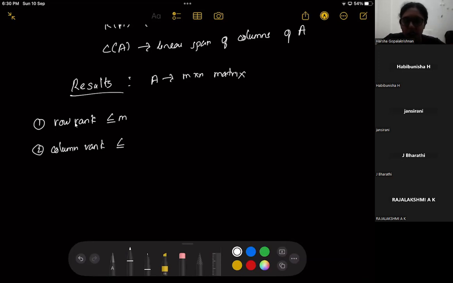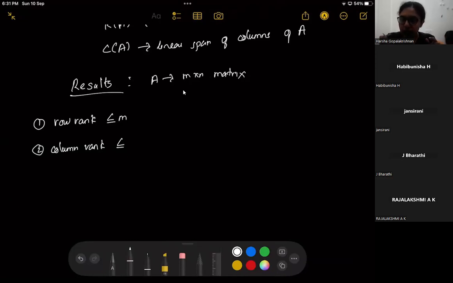Because from the definition, we know that A is an M by N matrix. So A has M rows. Okay. And row rank is the dimension of the vector space generated by these M rows. That means we are taking all the linear combinations of these M rows to obtain the vector space.